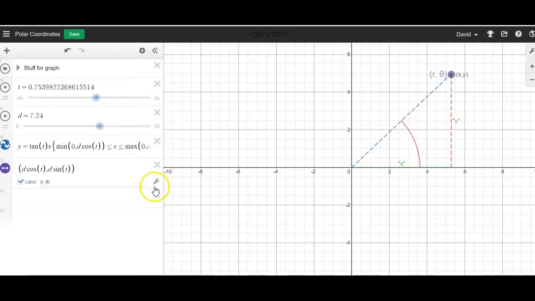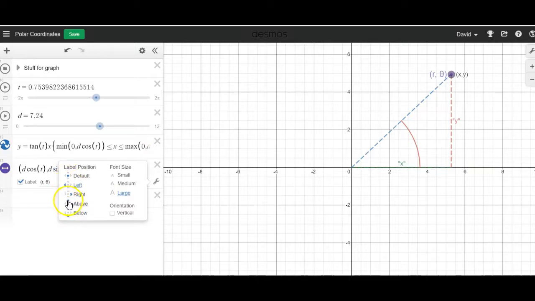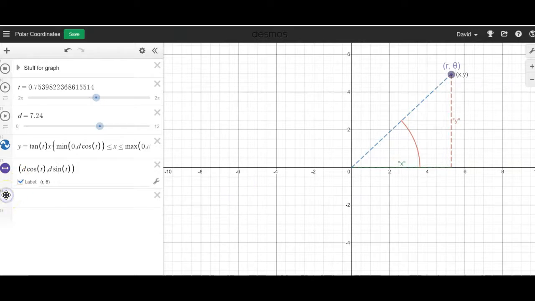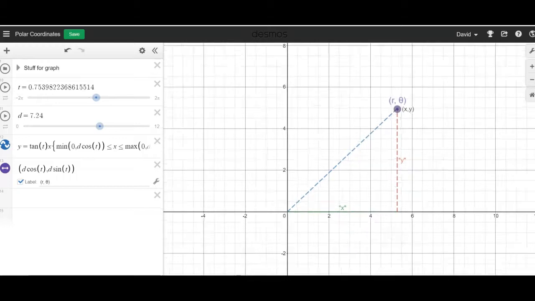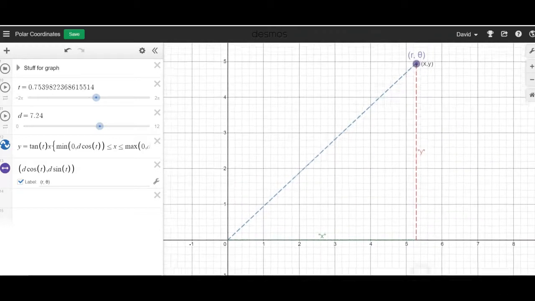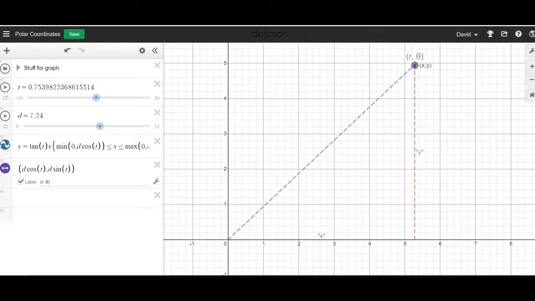Okay, I'm going to move this label up above the point so we don't have all this in the way, and I'm also going to remove that red arc for the time being. And for right now, I'm just going to focus on this triangle there, see, because it's a right triangle again.